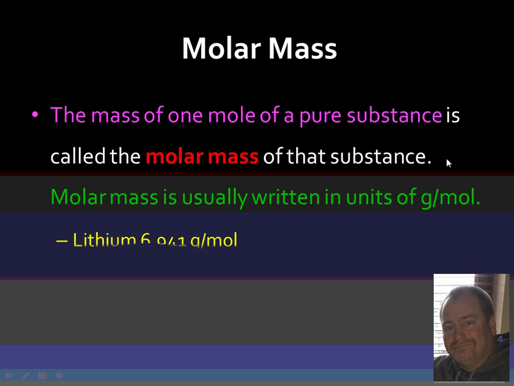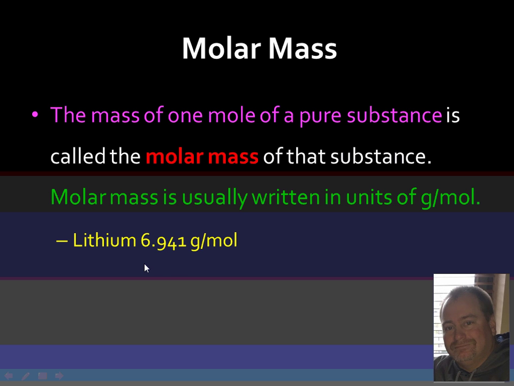I look at lithium. Find lithium on your periodic table. It's an alkali metal. What is the atomic weight of lithium according to your periodic table? 6.941.